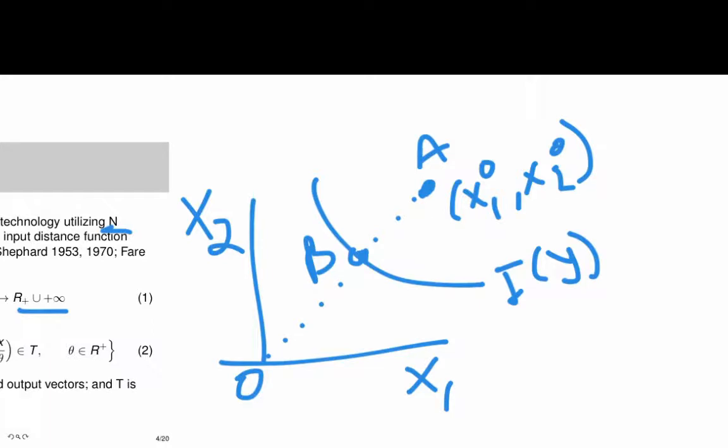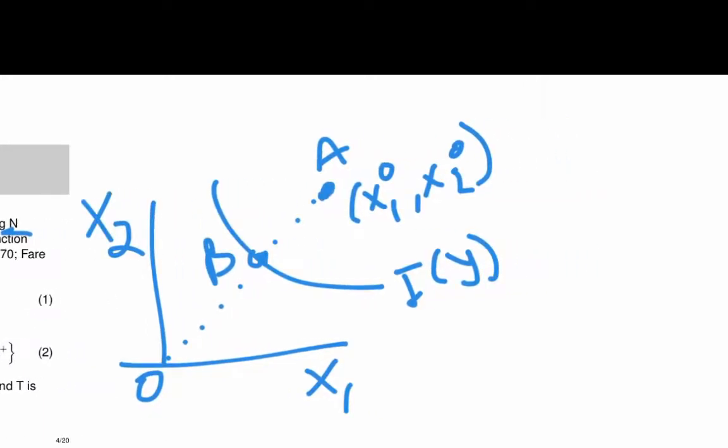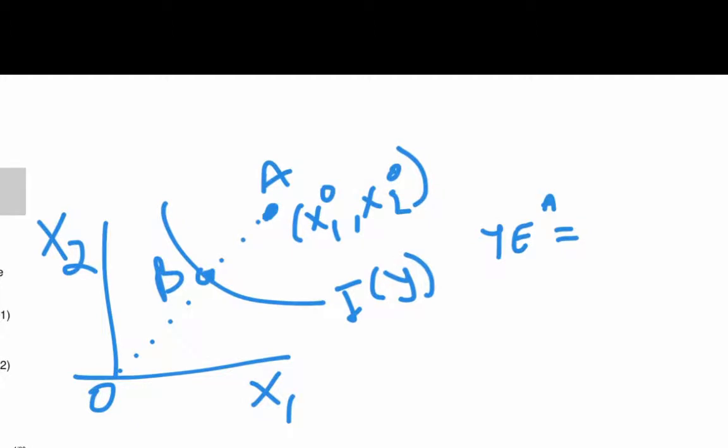Let's denote the origin by O, and we know that the efficiency of this point A is actually equal to the minimum input we need divided by the actual input we are using.